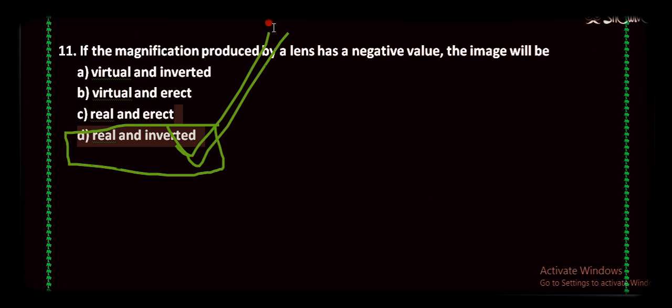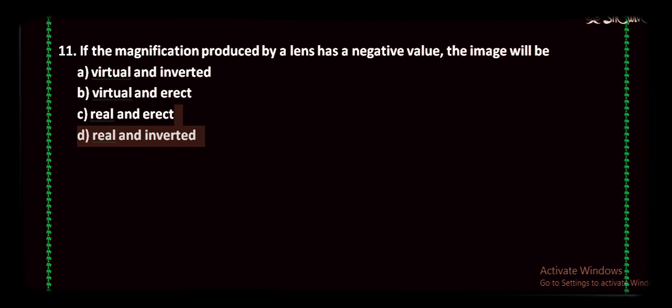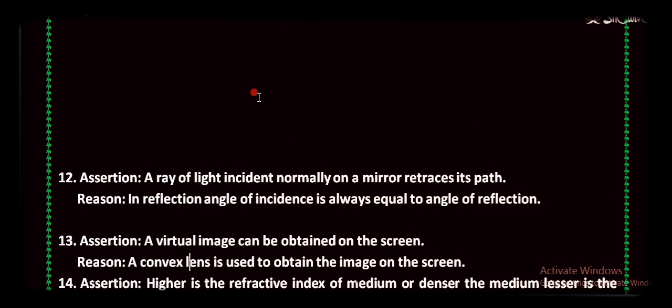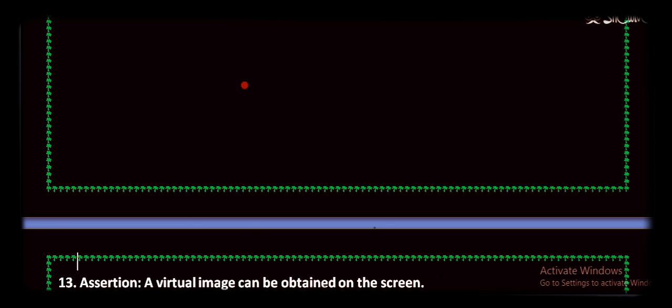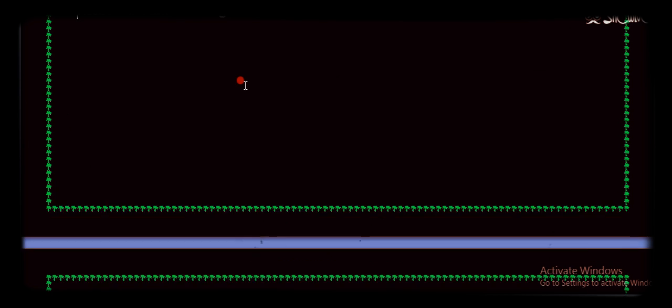So these are the 11 multiple choice questions that are based on physics concepts. Now 3 assertion reasoning questions were also there. So the first question is, a ray of light incident normally on a mirror retraces its path.